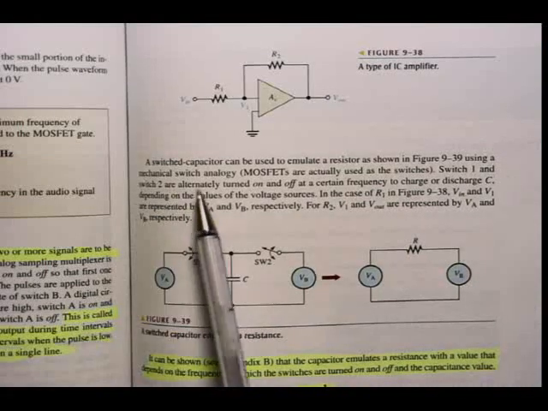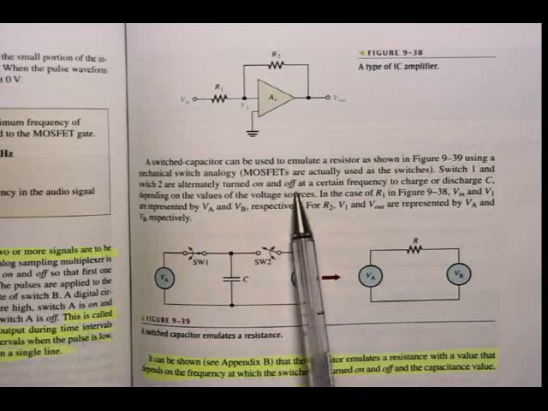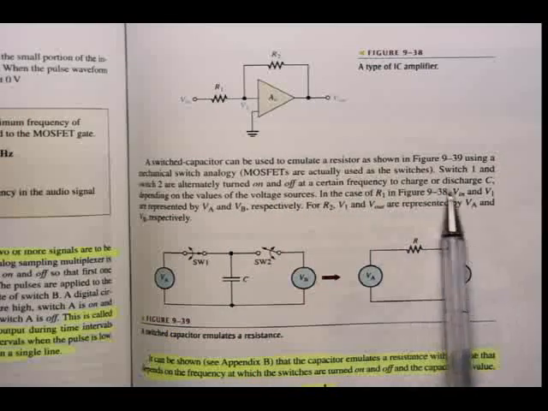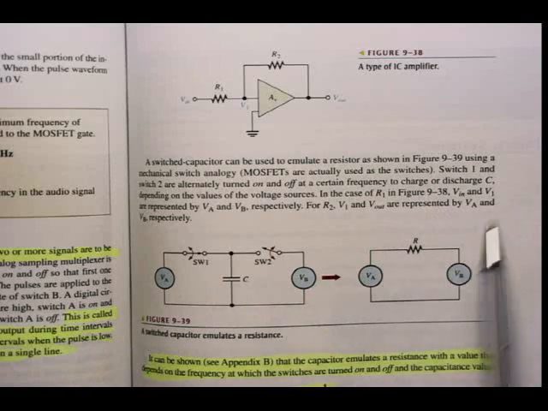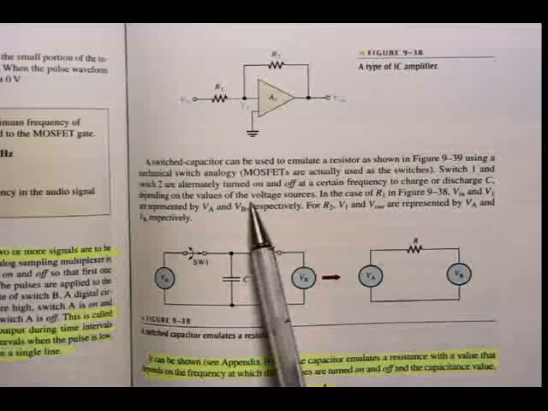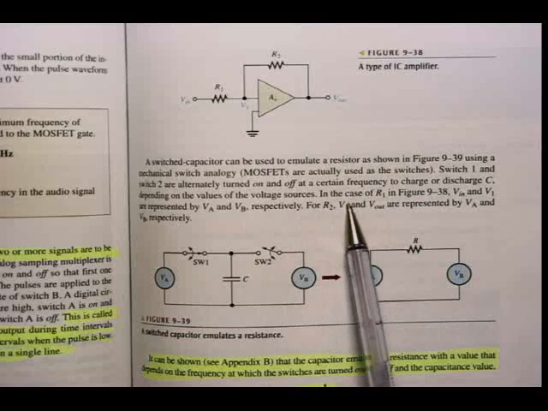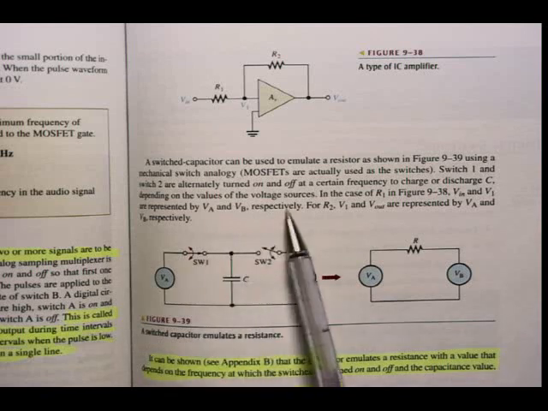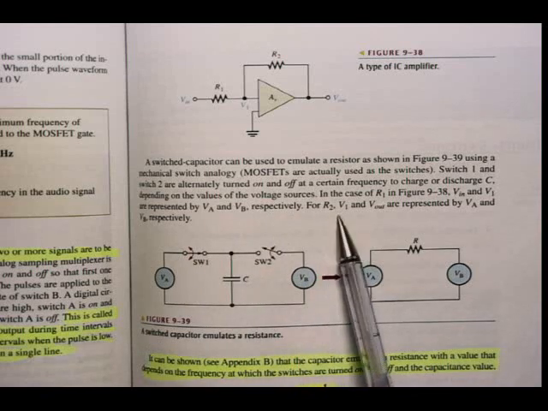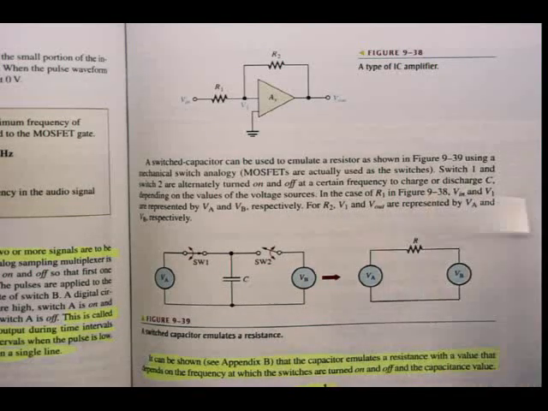Switch 1 and switch 2 are alternatively turned on and off at a certain frequency to charge or discharge the capacitor, depending on the values of the voltage sources. In the case of R1 in figure 9.38, V in and V1 are represented by VA and VB respectively, and for R2, V1 and V out are represented by VA and VB respectively.